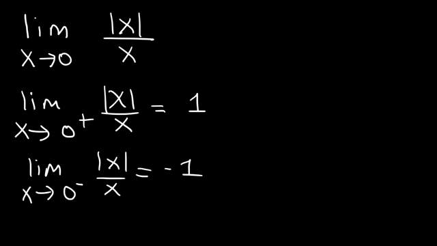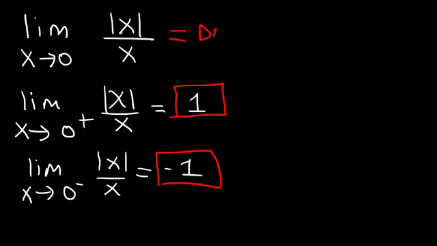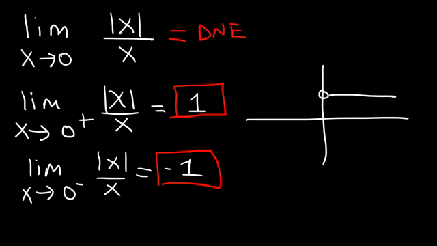Now, because the right side and the left side limits do not match, this limit does not exist. So if you were to graph this function, what you're going to have is a jump discontinuity. From 0 to the right, it looks like this is at 1, and 0 to the left is at negative 1. And so the limit doesn't exist due to this jump discontinuity.